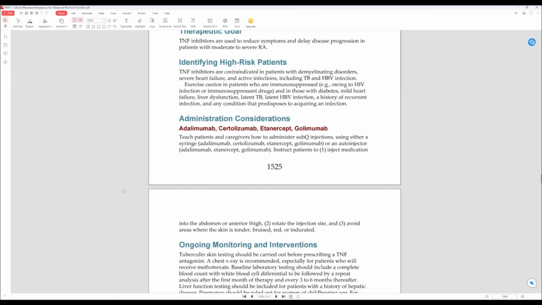Exercise caution in patients who are immunosuppressed, such as HIV infections or on other immunosuppressant drugs, and in those patients who have diabetes, mild heart failure, liver dysfunction, latent TB, latent HBV infection, or a history of recurrent infections, and any condition that predisposes to acquiring an infection.